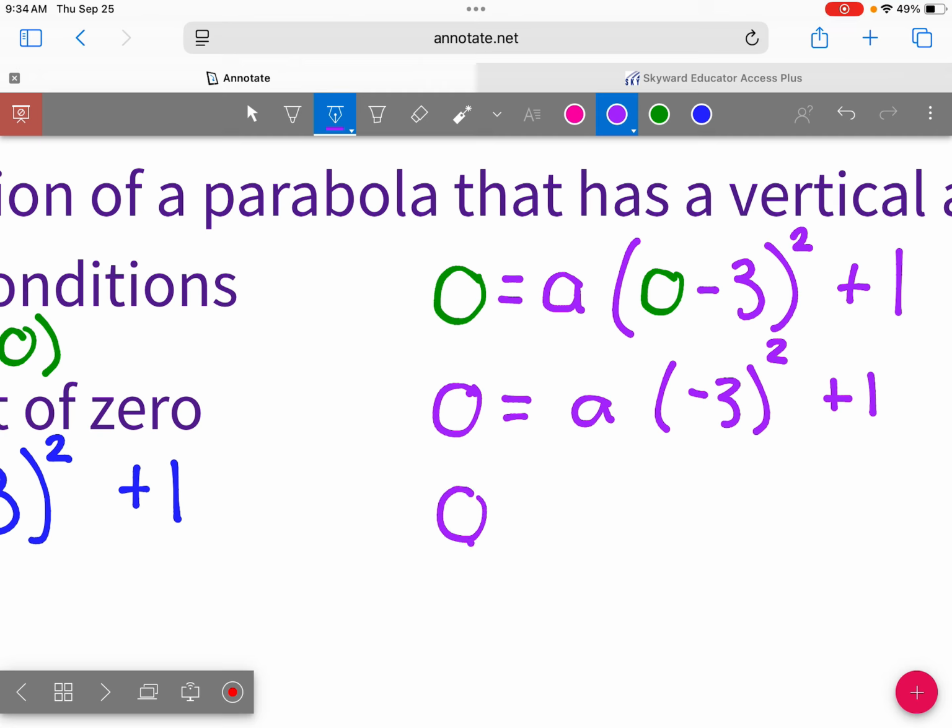So we can have 0 equals a times 9. I'm going to write it as 9a, just because a times 9 makes my head hurt. So what can I do from there? Subtract 1 from both sides.